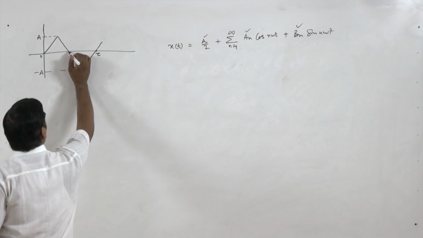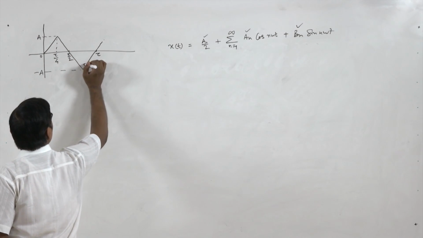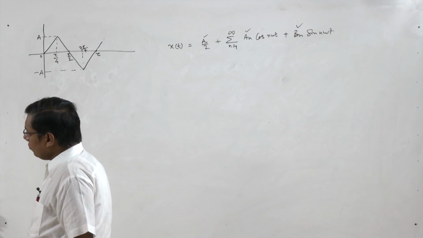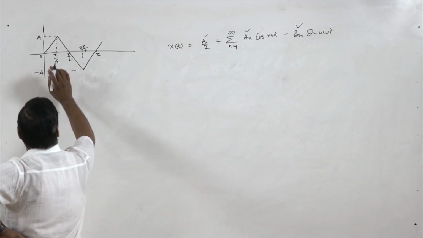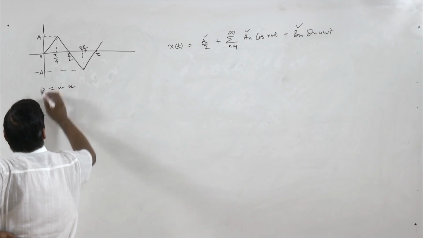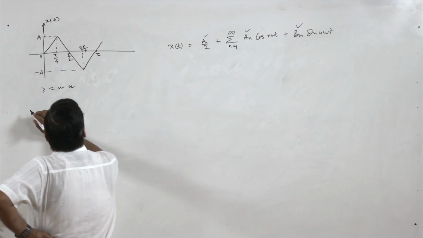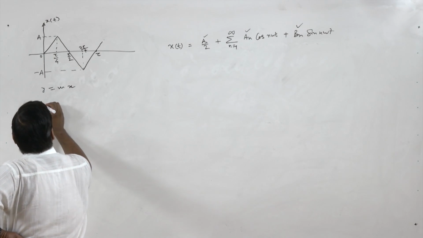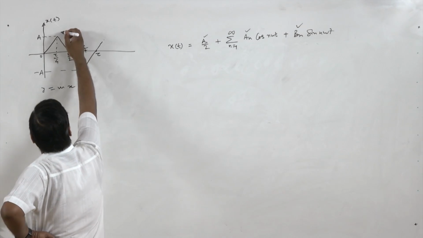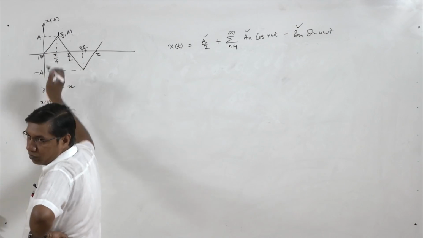So we have here tau by 2, and let's assume this is tau by 4, and this is 3 tau by 4. Now this equation is simple, y equal to mx. So here it is xt equal to m t. So m, as I said, with this point at tau by 4 and a, and this point at 0, 0.